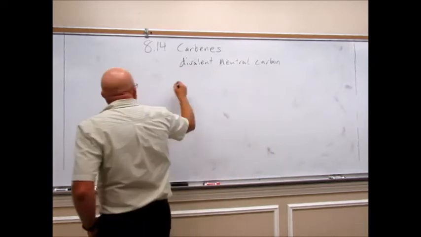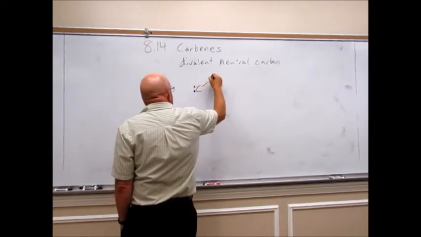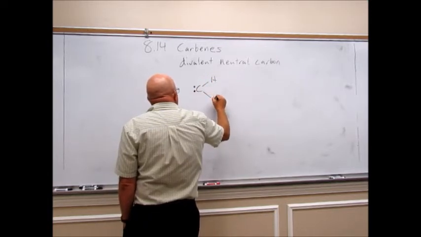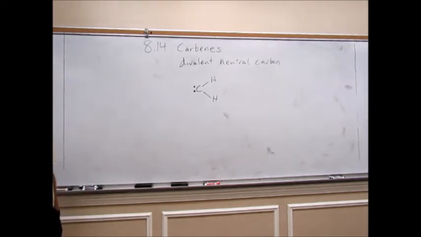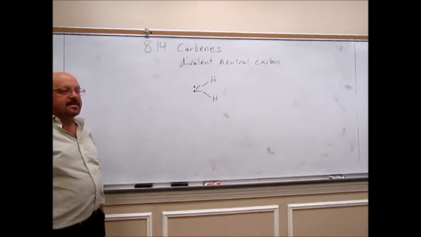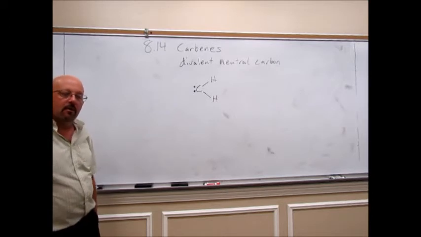Here is an example of a carbene. We'll look at different carbenes, but here is one example. That carbon is divalent. You see there's only two bonds, and it is a neutral carbon. If you calculate the formal charge, you'll see that the formal charge is 0 on that carbon.